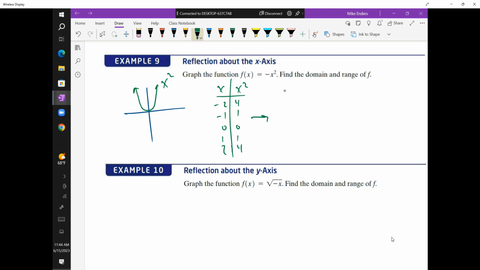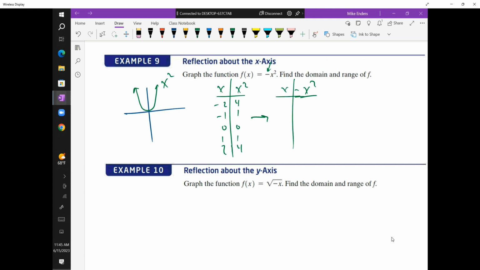What we're doing then is we're saying, okay, let's now do negative of x squared. So notice where the negative is. It's outside the function. Outside, so it's this and not this. If it was inside, that would do something with the x values. Since it's outside, it's doing something with the y values.